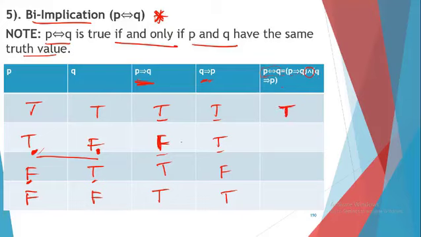When P is false and Q is true, then the answer is false. When P is true and Q is false, it's also false. When P is true and Q is true, then we have our answer to be true. So we have T, F, F, T.